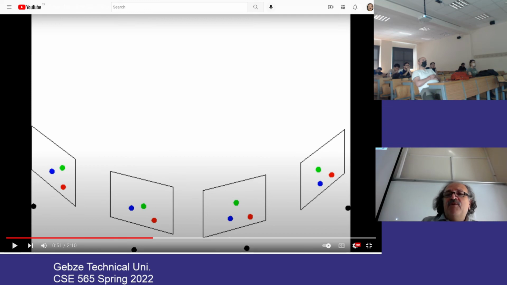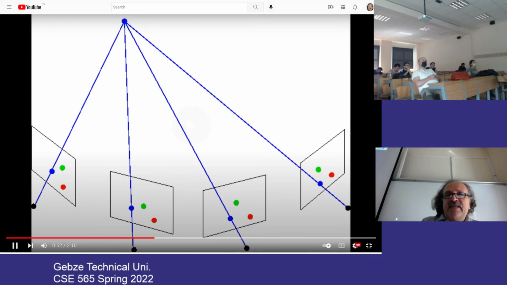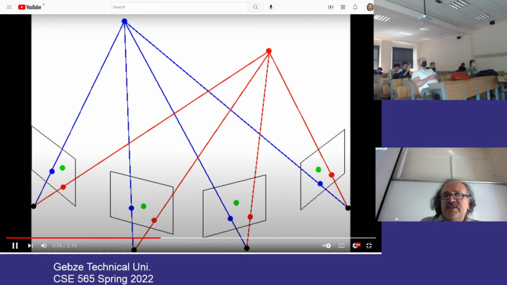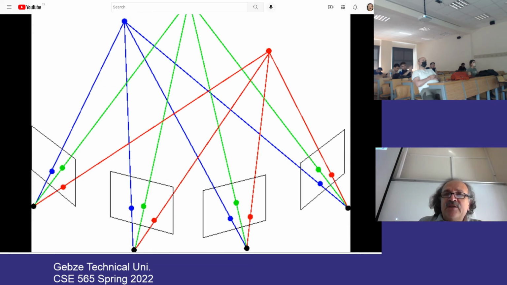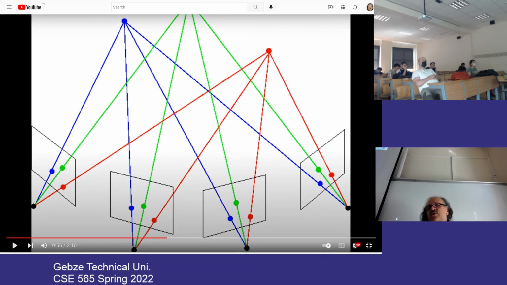So before running this, before assuming the camera positions and the points, run the factorization algorithm to get your initial points and your initial camera positions. That's not going to be perfect, because remember we assume that everything is orthogonal, and that we are the same distance away from the objects themselves.